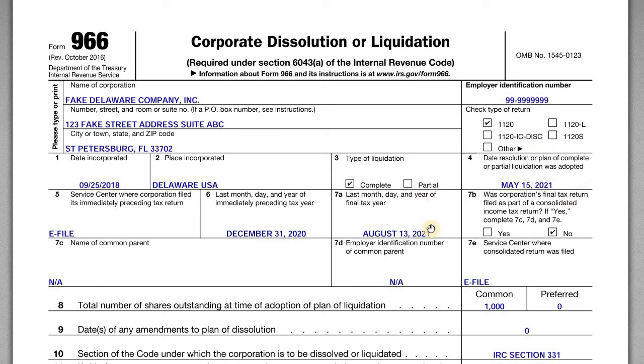And then obviously once the liquidation is completed and the company has completely ceased operations and distributed out all cash, if any, to the shareholders, then you go ahead and file a final tax return for the company. So that'll be a Form 1120. It'll be marked final, right? That'll make sure that the IRS knows that this is a final return, and they shouldn't expect to receive any more tax returns under this name and EIN.